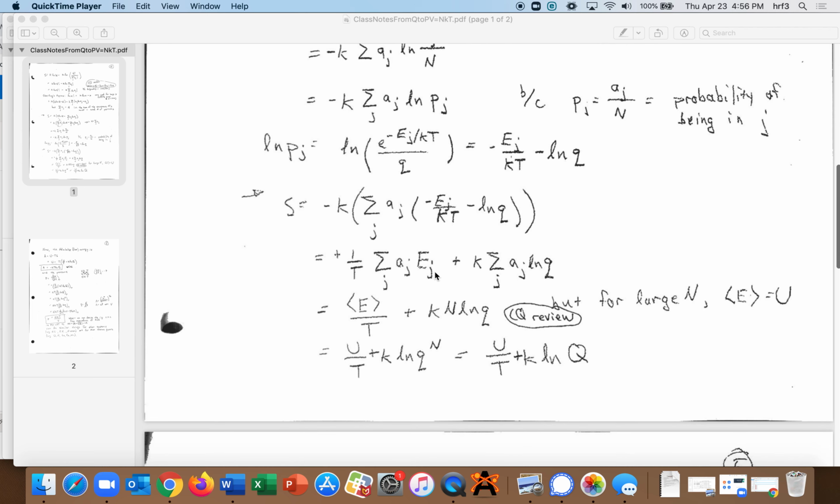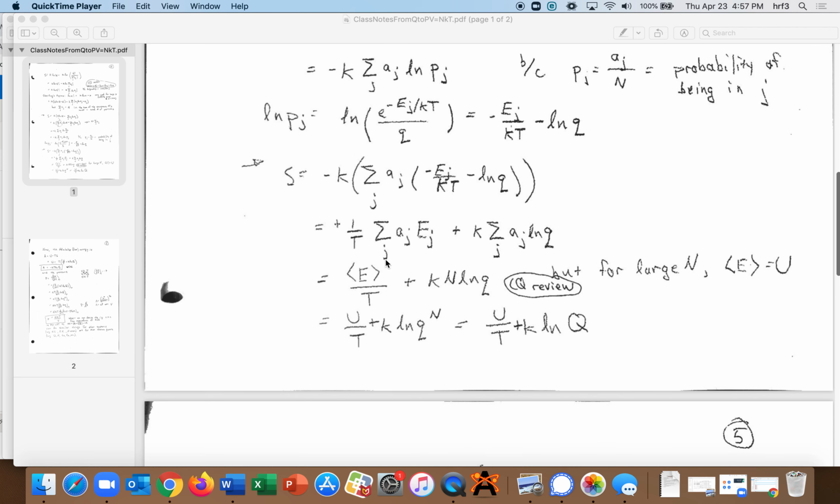So then what do I have? Well, my entropy is equal to, taking this kT out of the sum because that's just constants, the k's cancel, I get 1 over T sum over a_j E_j plus k times sum over a_j ln q.